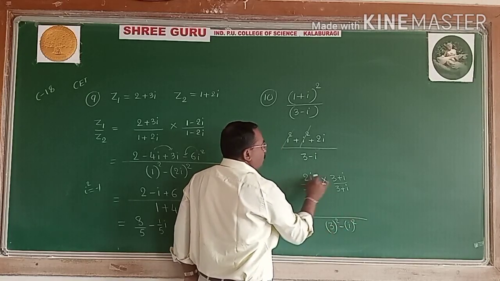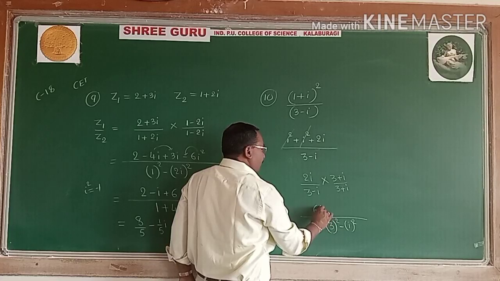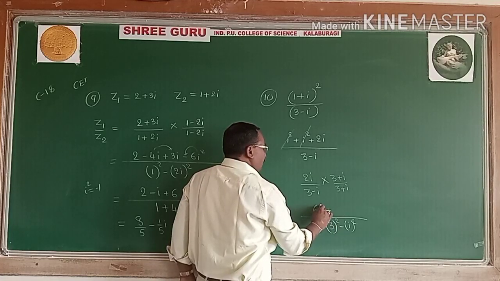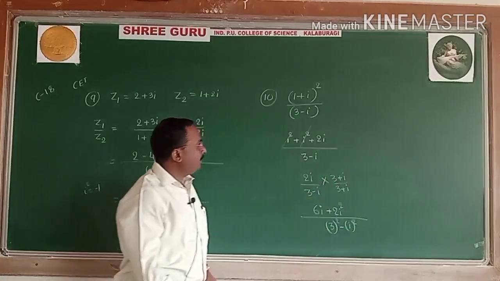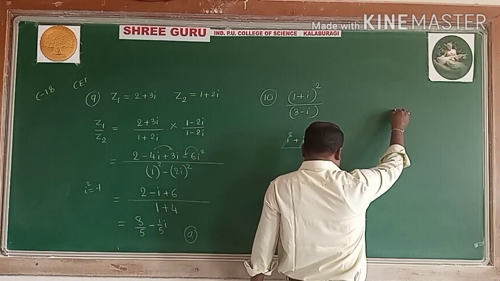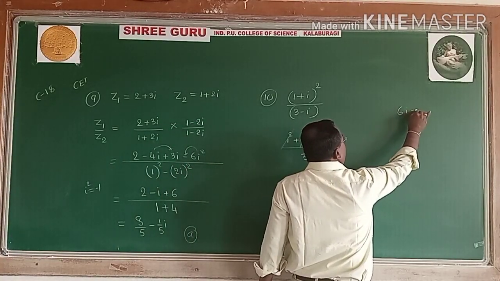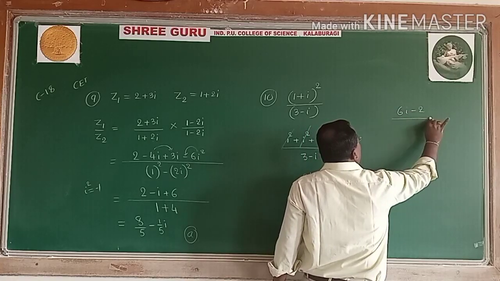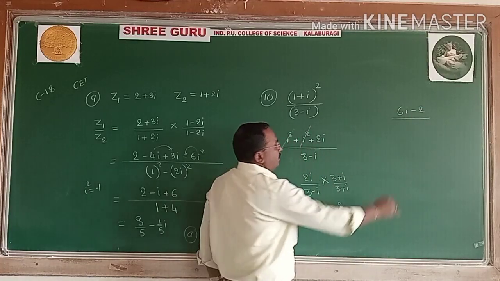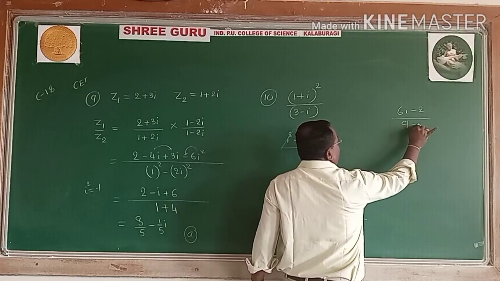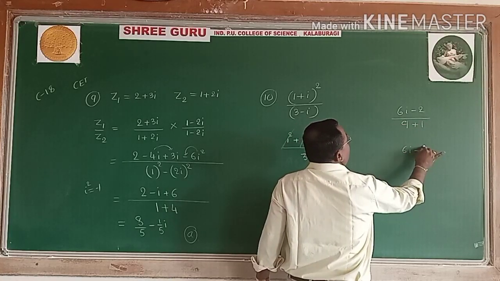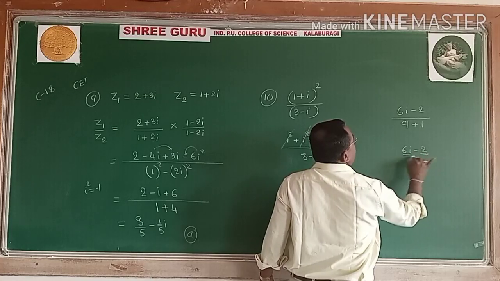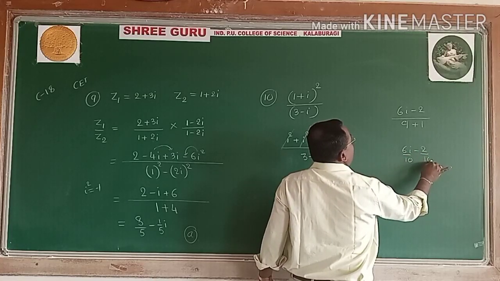Numerator: 2 into 3 is 6i plus 2i into i, 2i square, that is 6i, with i square value minus 1, minus 2, divided by 3 square, 9, i square minus 1, so 9 plus 1, 10.